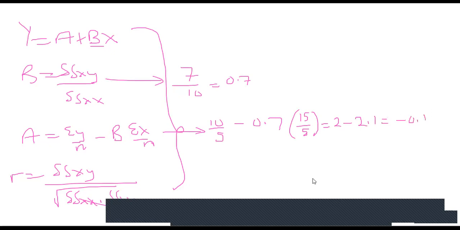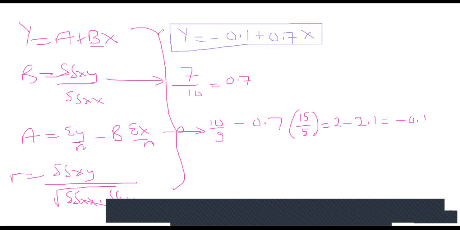So collectively, this gives us a regression equation. Where there is a, we put negative 0.1. Where there is b, we put what? 0.7. So this is how the regression equation comes out. Are we together?